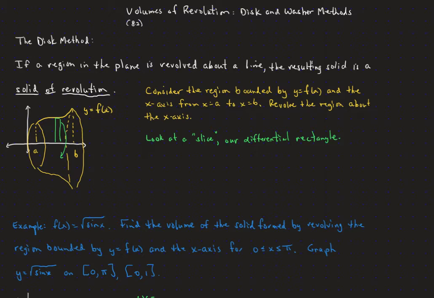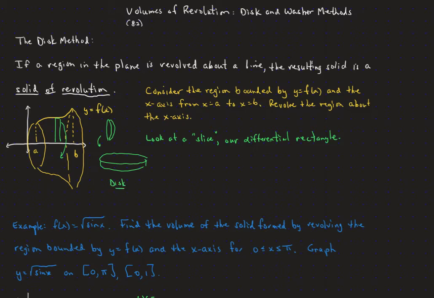I'm going to pull it out and lay it flat, even though it's actually going to be vertical when we see it in the picture. So it's going to look something like that, like a mini cylinder. And we're going to call that cylinder a disk.